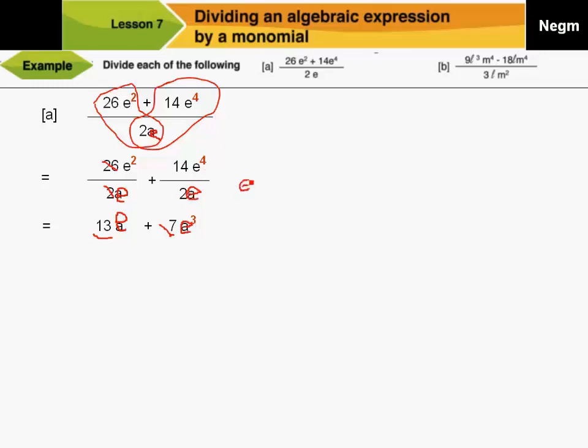Because we have division, e to power 4 divided by e. We have the same base, which is e. In multiplication, we make addition of the power. But in division, we make a subtraction. Here we have 4 minus 1, and 4 minus 1 is 3. E to power 4 divided by e is equal to e to power 3.